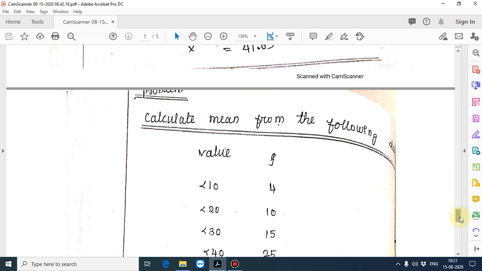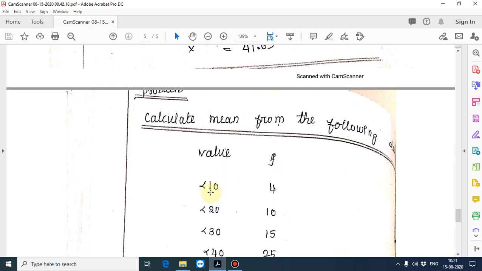Next problem, you see. Calculate the mean from the following data. In this question, the values given are cumulative frequency and classes.